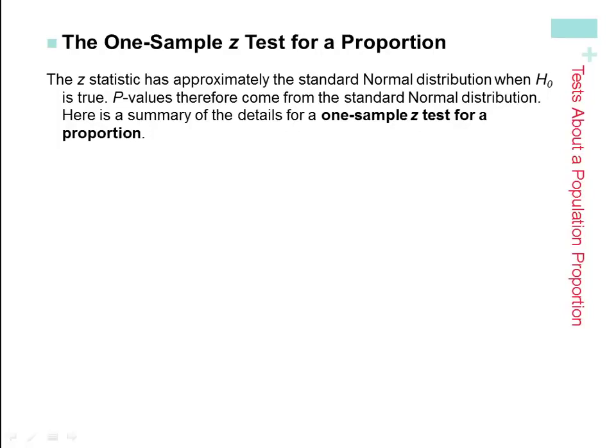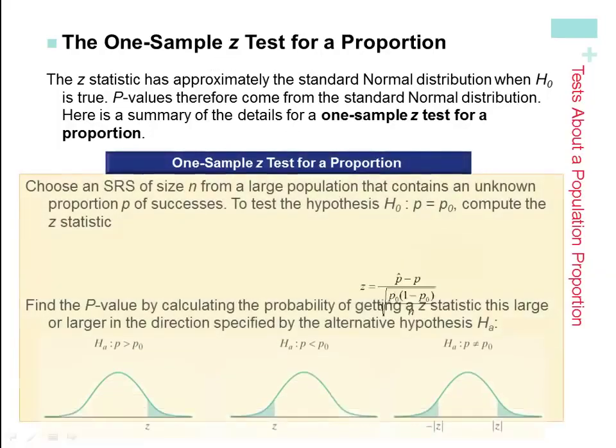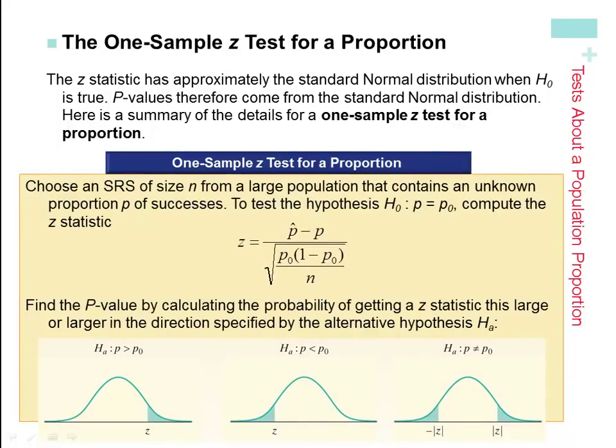Here is a summary of the details for a one-sample z-test for proportions. I must take a simple random sample of size n from a large population that contains an unknown proportion p of successes.